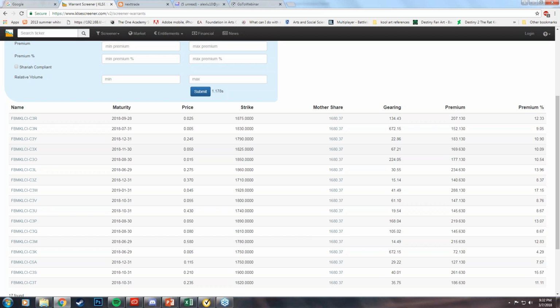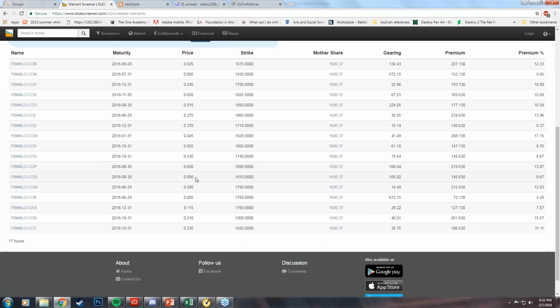Suppose you're bullish, and then you choose the warrants. Remember the four factors to look for. Number one is the expiry date. Number two is the premium. Number three is the gearing. And number four is not too deeply out of the money. This is what you look for.